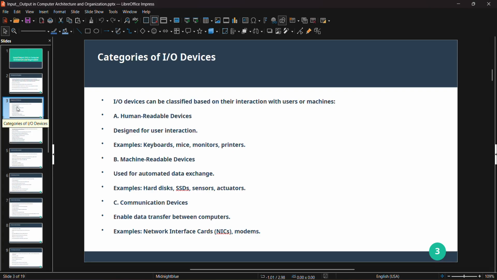The machine readable devices are used for automated data exchange between the CPU and the memory, so we have hard disks and SSDs, sensors, and actuators. Communication devices enable data transfer between computers, so the network interface card, the PCIs, the modems, and all those devices. So these are the categories of input output devices.